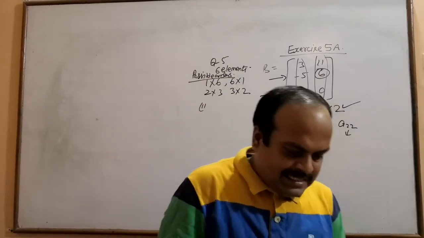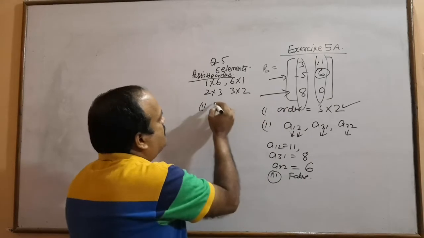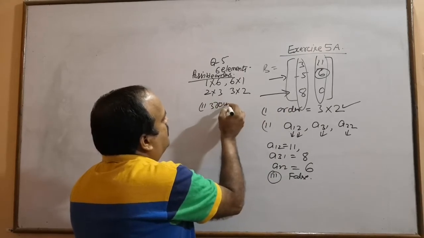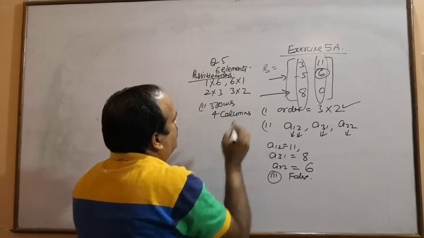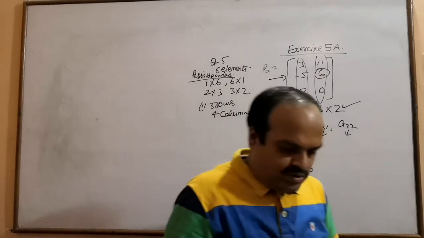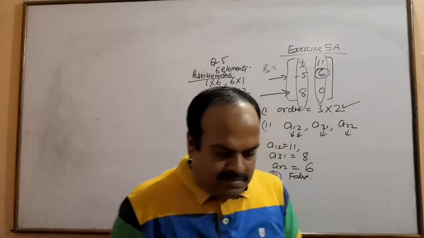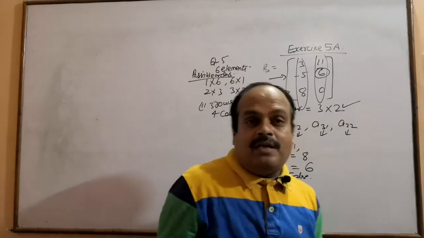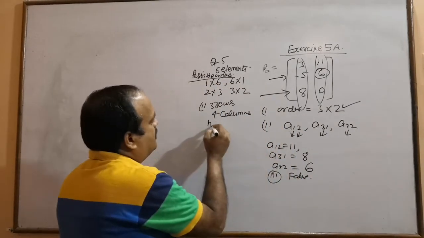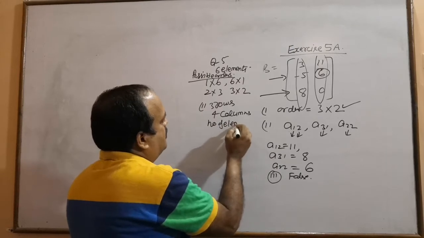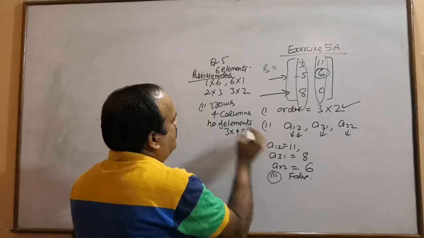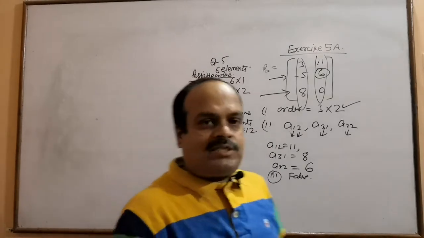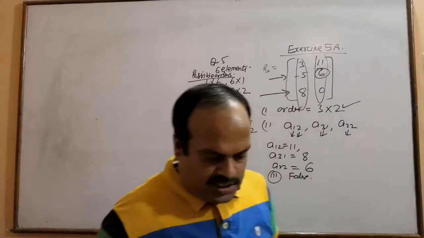If a matrix has 3 rows, 4 columns, what is the number of elements in the matrix? So simple. Three into 4, 12 elements the matrix will have.